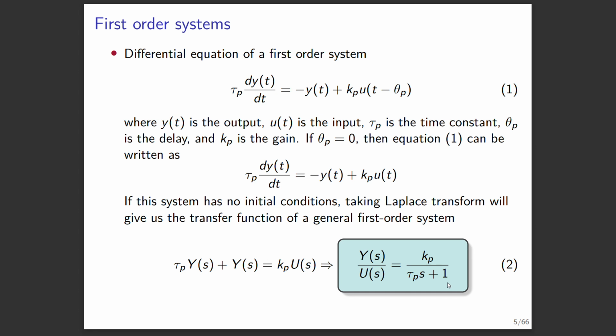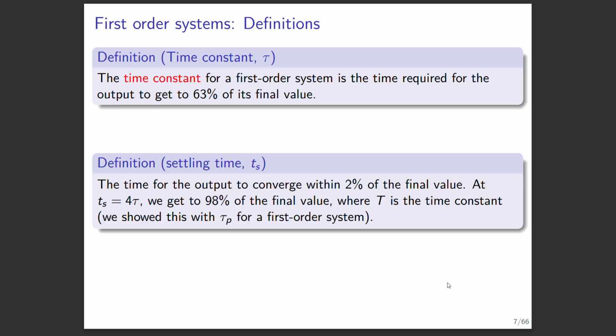But we see here two things. We see kp and tau p, which are going to be numbers. These are parameters of my first order system. What are tau and k? Tau is the time constant. What's the definition? Well, the time constant for a first order system is the time required for the output to get to 63% of its final value.